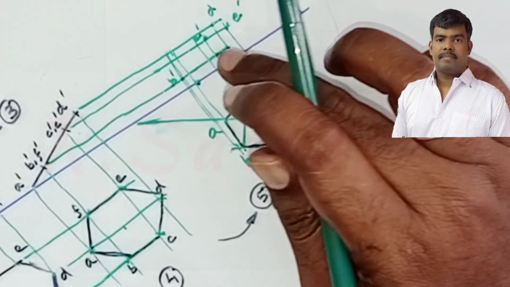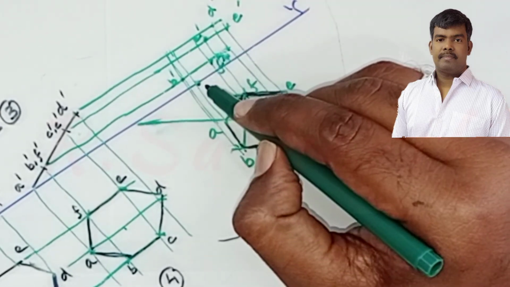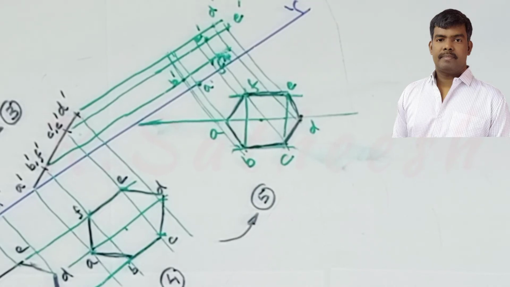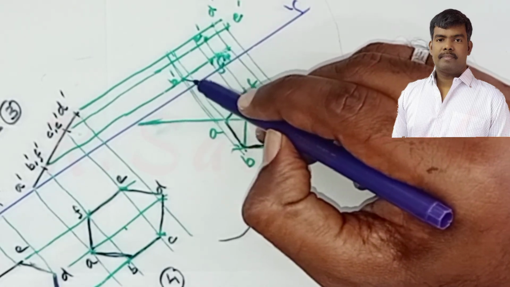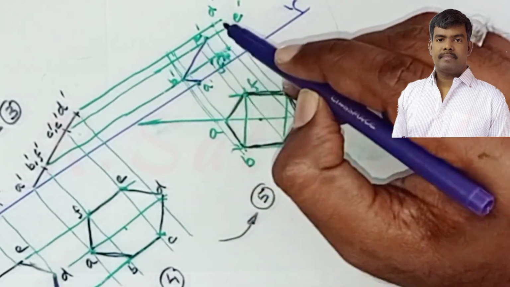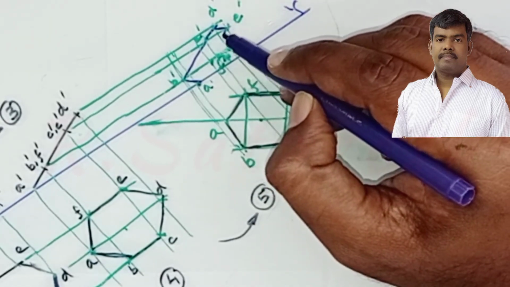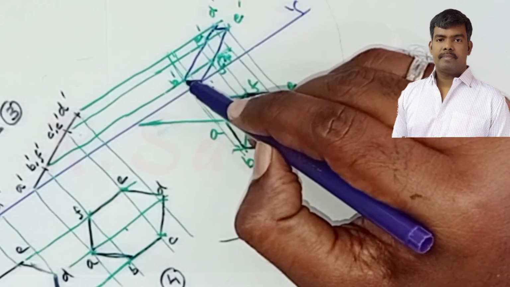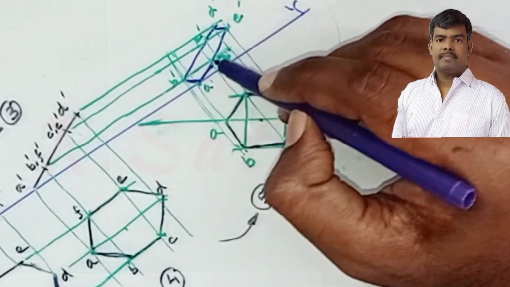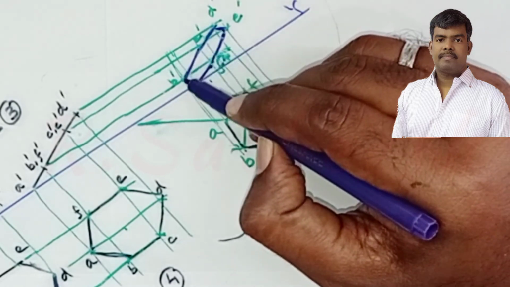So you see, this is F, this is A. Now you join all the points: A to B, B to C, C to D, D to E, E to F, F to A. So here one line, here one line, like this.